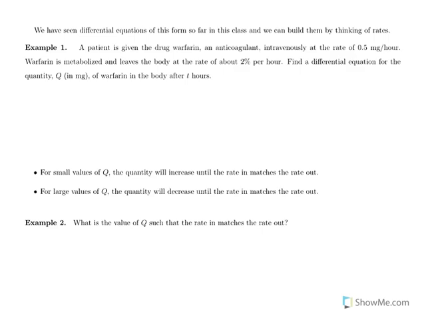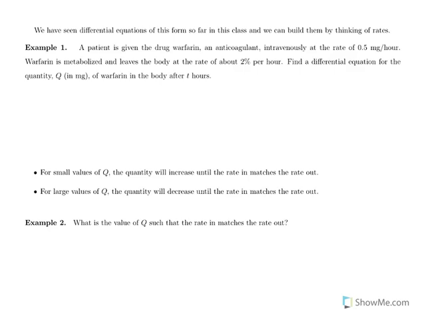All right, so a patient is given the drug warfarin, an anticoagulant, intravenously at the rate of 0.5 milligrams per hour. Quite a lot of words there. All we're talking about is we are injecting this drug at a rate of 0.5 milligrams per hour. Warfarin is metabolized and leaves the body at the rate of about 2% per hour.